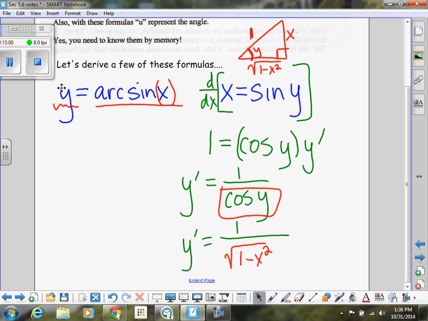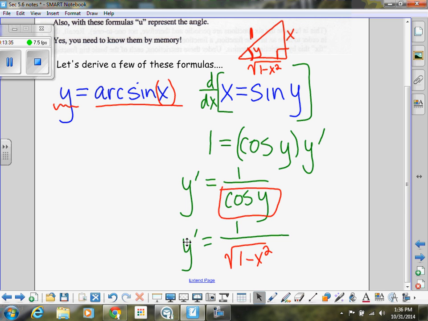Isn't this what the derivative looks like for arcsine? It looks like u prime over the square root of 1 minus u squared, right? This is the x version. If you had u, you would have the u prime. How come it's cosine of y? Remember that cosine is adjacent over hypotenuse. So this is y. Y is the angle.